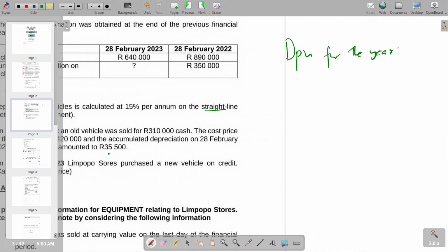We are supposed to calculate depreciation for the year, and also take note of the carrying value for the asset disposed.